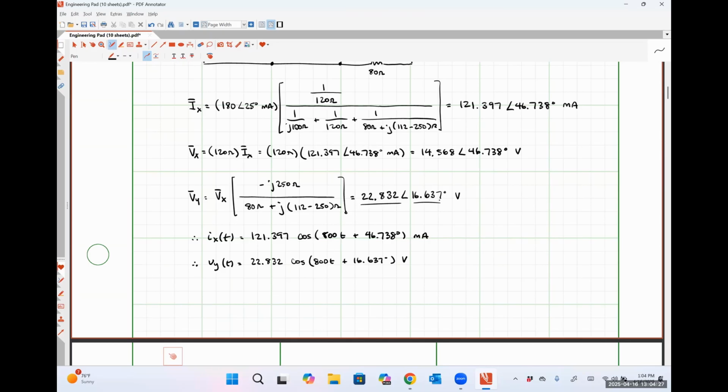No, that one can just be easily solved. This one looks potentially gross.